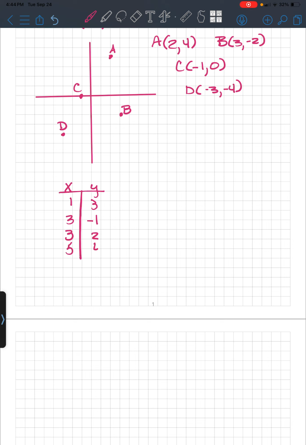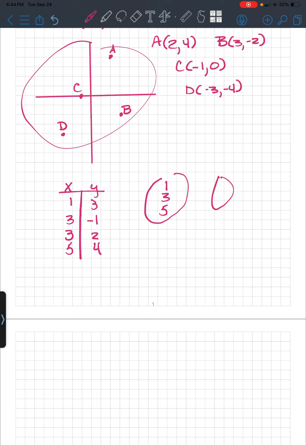You can do it in a graph like here, and you can do it like this: 1, 3, 5, 1, 2, that's negative 1, 2, 3, 4, and then I would draw, if I'm using these ordered pairs, I would do this.